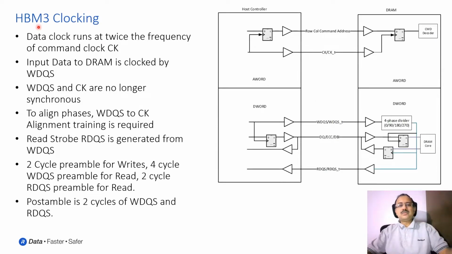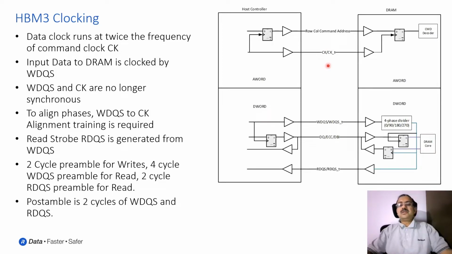So while moving into HBM3, the data rate that had to be met was much higher. The plan is to go all the way up to 6.4 Gbps and perhaps even higher than that. One of the key challenges was how fast can the command clock run? If the command clock has to be running for a 6.4 Gbps system, it has to run at 3.2 GHz, considering that the command bus is also double data rate.